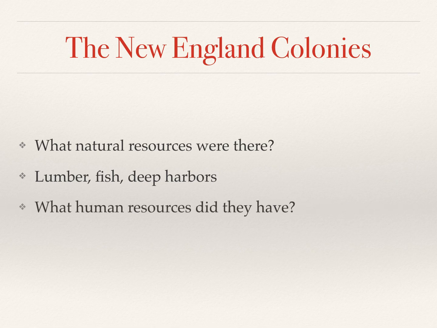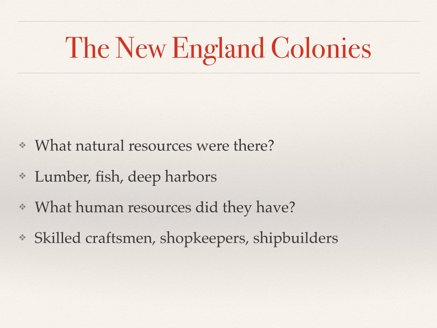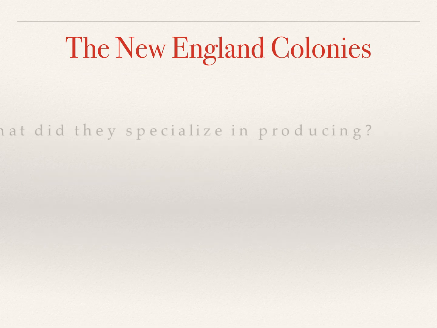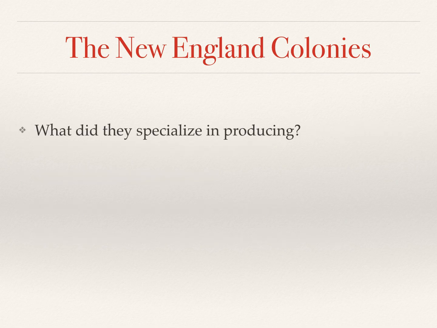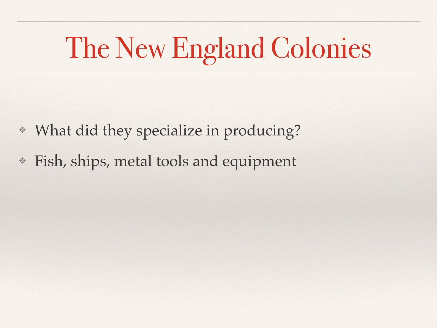Next thing we want to look at is what their human resources were. In New England, they had lots of skilled craftsmen, lots of shopkeepers, and lots of shipbuilders. So the New England colonies will specialize in producing things like fish, ships, metal tools, and equipment.